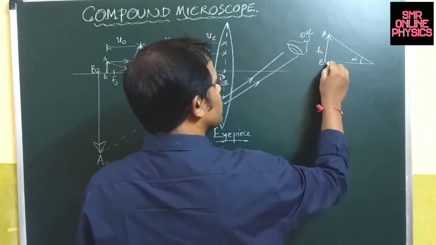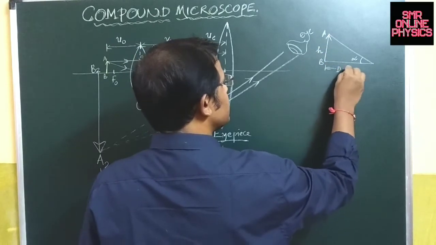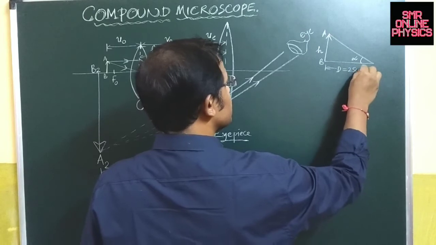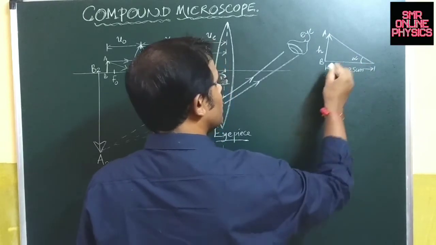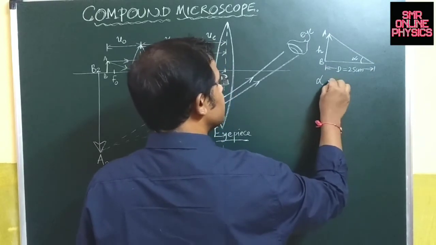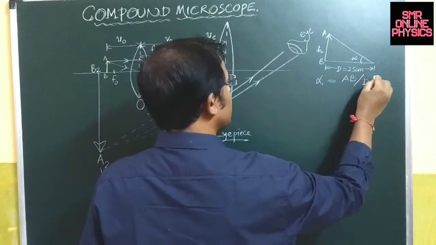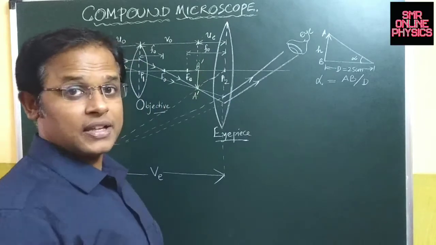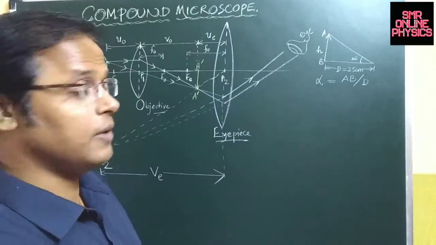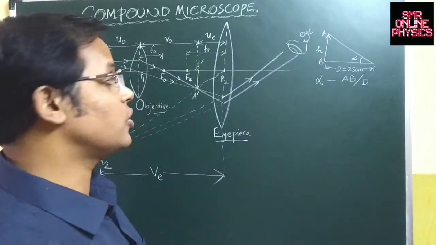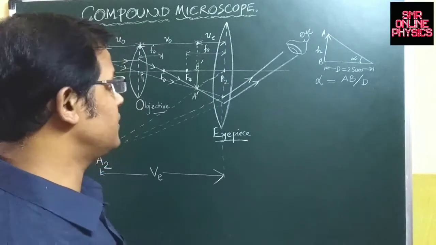So this is your height of the object and this is D equals 25 centimeters. So from here we already found that alpha is equal to AB by D. That's it. That's the maximum angle without any sort of help your eye can subtend onto an object very comfortably, right?